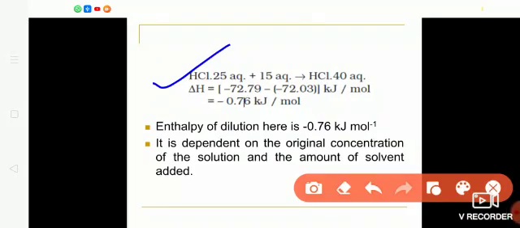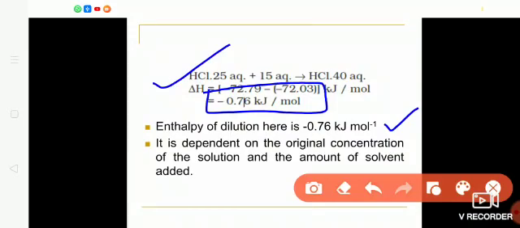So the enthalpy of dilution, obtained by diluting a 25 mole water solution to a 40 mole water solution, will be minus 0.76 kilojoules per mole.